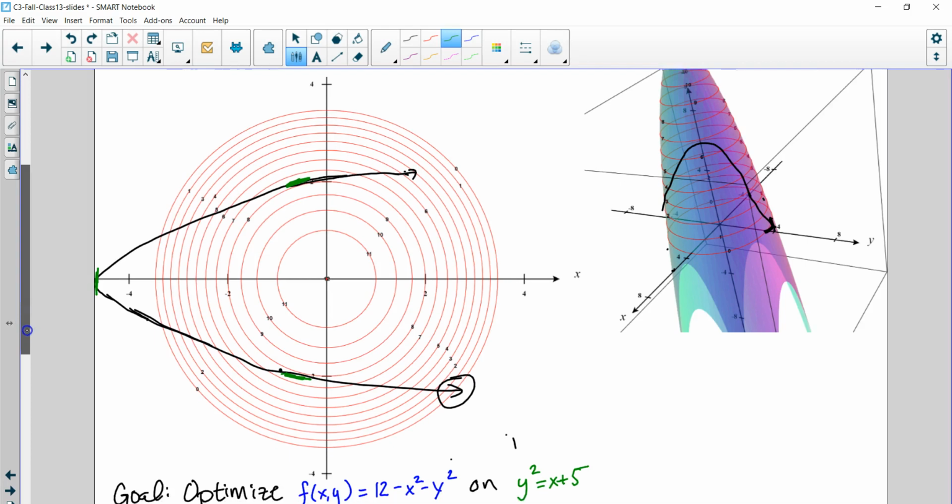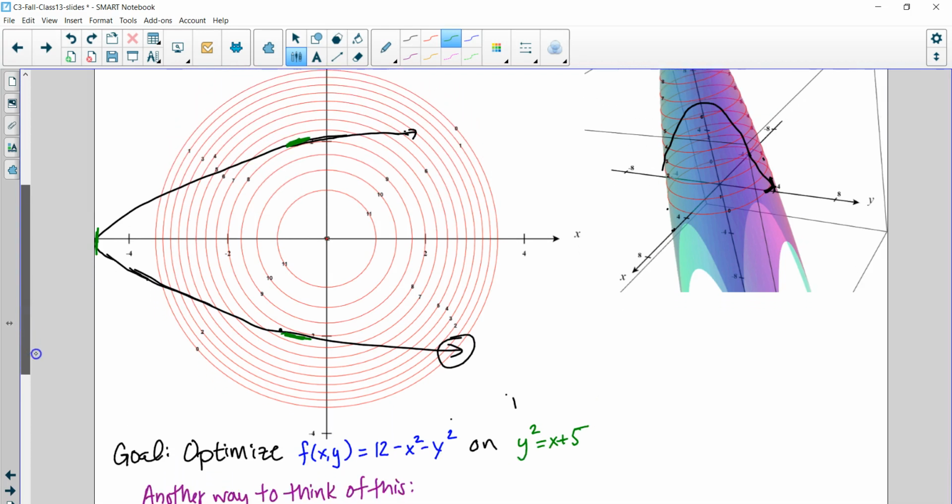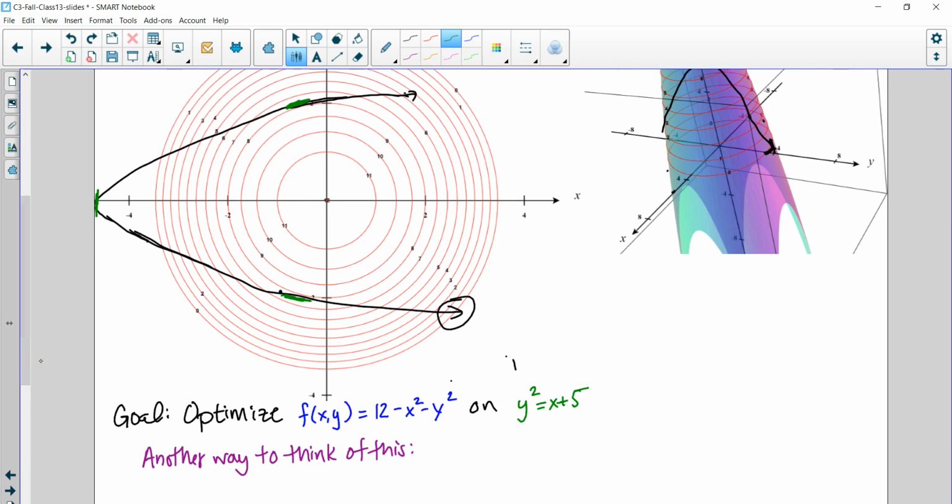What we want to do is optimize this, and I want to think about this in a different way. We have this perspective as a mountain, and we're looking at level sets and contour plots. If my goal is to figure out the highest that I am, I want to be closest to the peak.